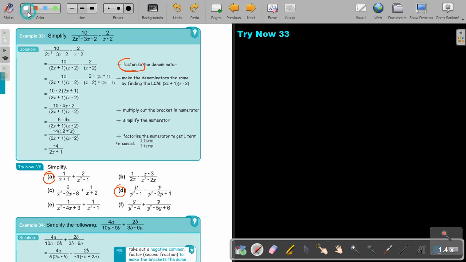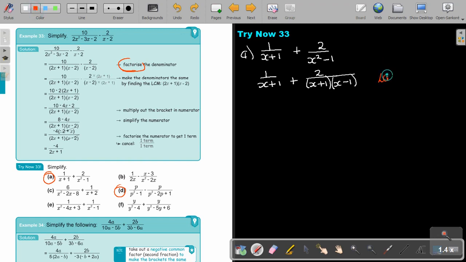Okay, let's start. Number A. So the denominators are a bit more complicated, but always try to factorize. Can you see it can factorize? So I'll go x plus 1, x minus 1. And then, what is your LCM?